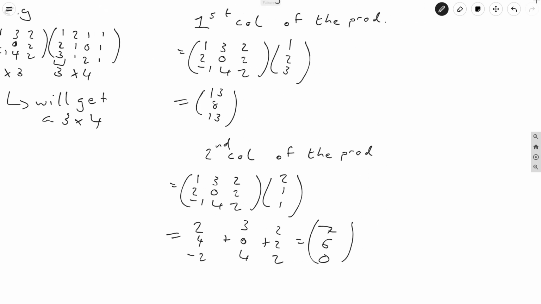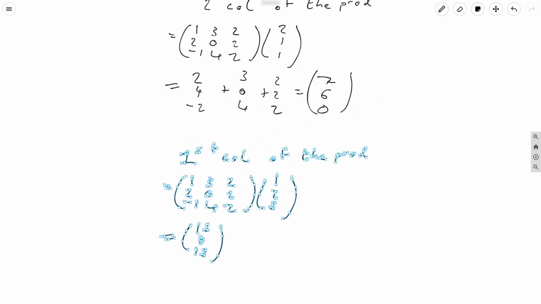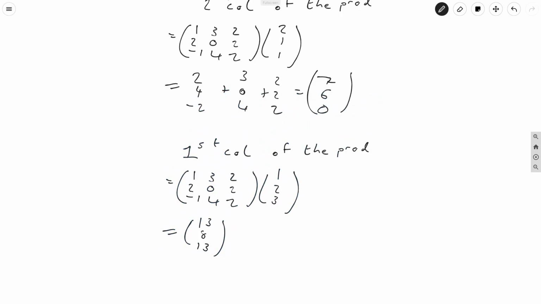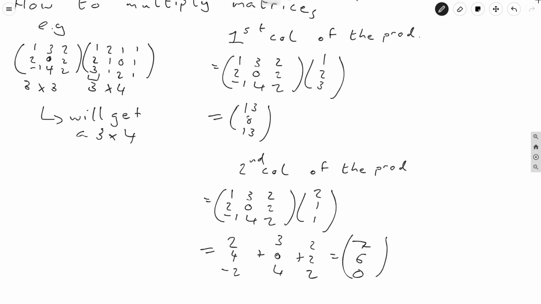For the third column, we're running out a little bit of space. The third column of the matrix on the right is 1, 0, 2. So let's just tidy this up a bit and make sure I'm right. I'm getting this 1, 0, 2 from this matrix here.